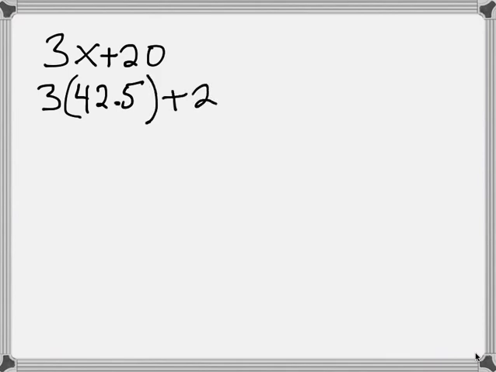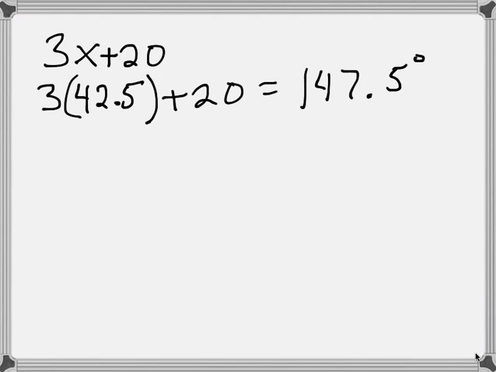Let's write 3x plus 20. And I'm going to plug in my 42.5 in parentheses plus 20. Now, this will give me the angle measure for that obtuse angle. Okay, now I calculated 147.5 degrees.